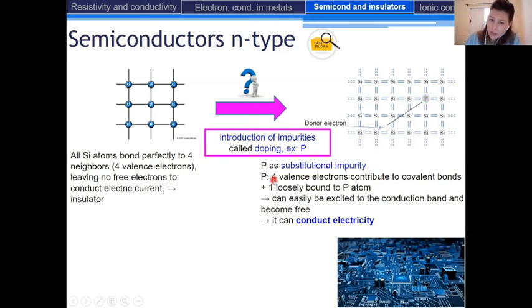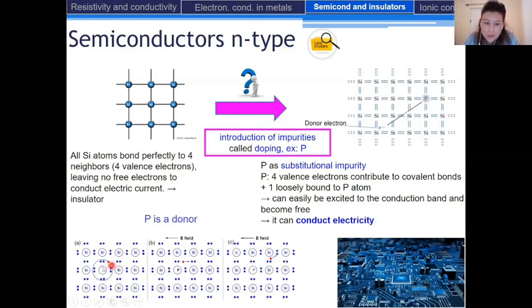Of these 5 valence electrons, 4 of them contribute to covalent bonds with the neighboring atoms, and we have 1 loosely bound electron on the phosphorus atom. This loosely bound electron can easily be excited to the conduction band and become a free electron, and so it can contribute to the conduction of electricity.